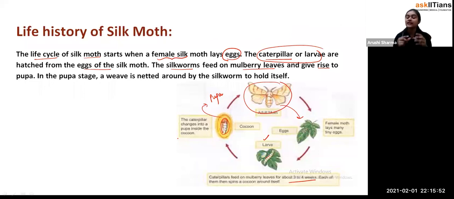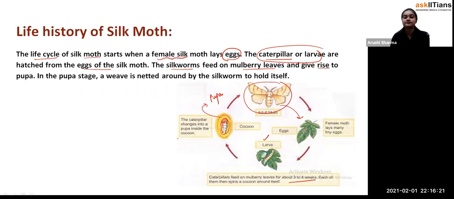They heat it or boil it in hot water, so that the adult moth dies, which is very bad for her, and after that they get the silk and convert it into yarn, and that's how the process goes on. But in the natural process they don't die, they just fly out from that net-like structure, and that's how we get the threads of the silk.